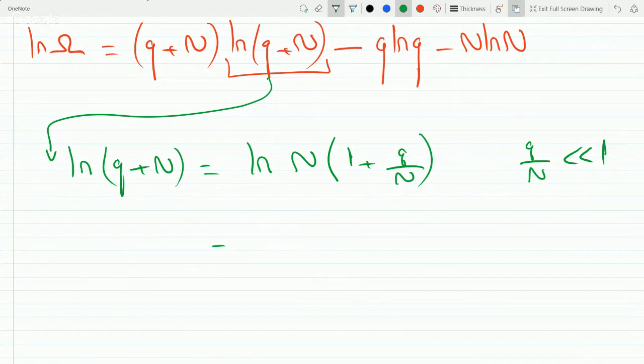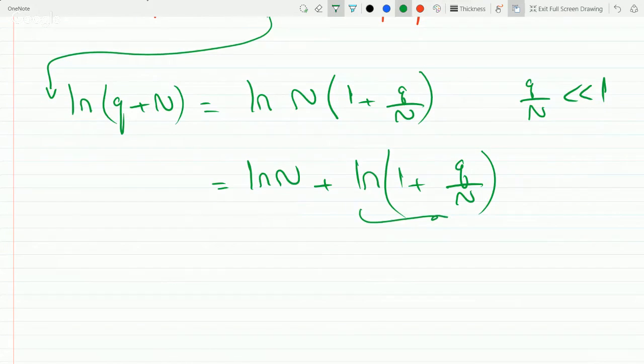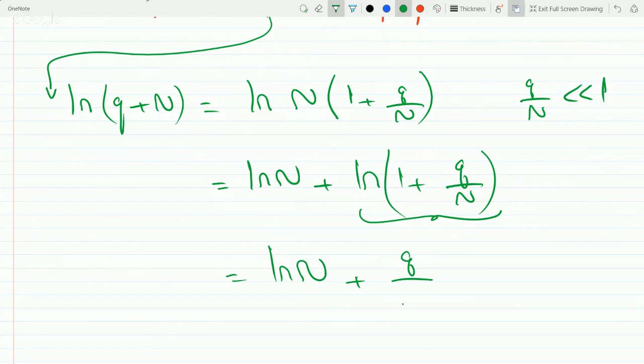So this becomes ln N plus ln (1 + q/N). And in the limit that q over N is a lot less than 1, you could approximate ln (1 + x) as x. So this becomes plus q over N.